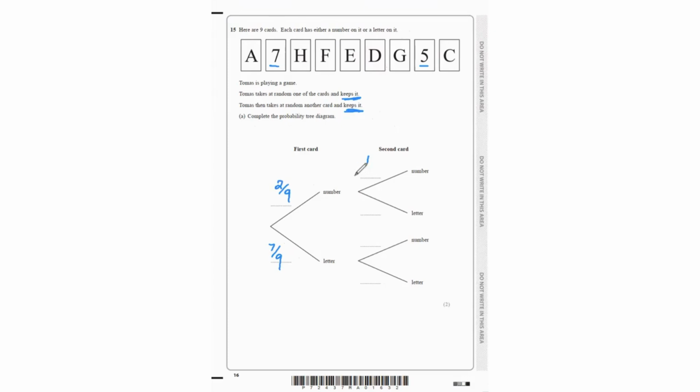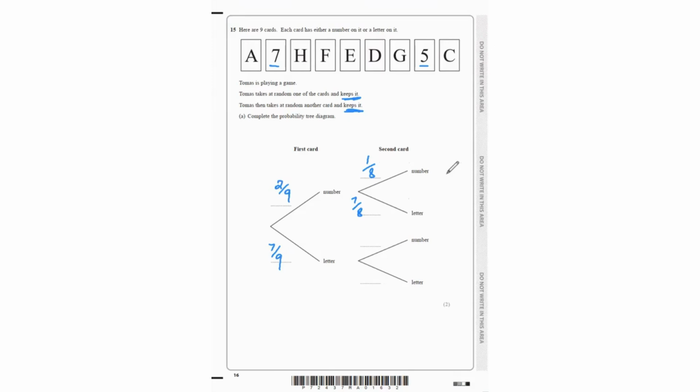There are 2 number cards, so 1 remaining. And now the total number of cards is also 1 less, which means 1 over 8 for getting a number in the second card. For the letter, the number of letters is not going to be different, so that's going to be 7. However, the total number of cards is 1 less. So it's 7 over 8 instead of 7 over 9.